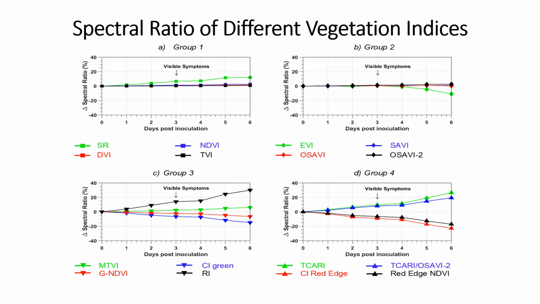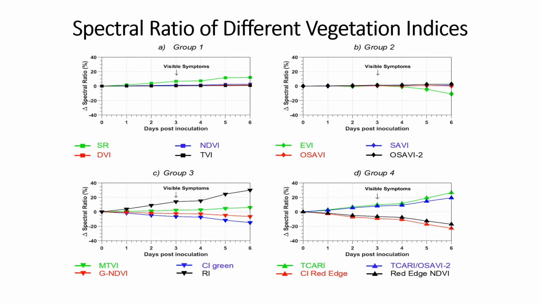Now here we can observe the ratio variation of different vegetation indices. And vegetation indices are computed because they allow us to show better some differences in the properties of the plants than just the raw reflectance.